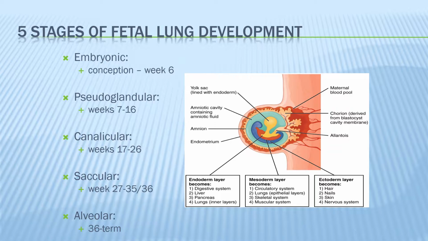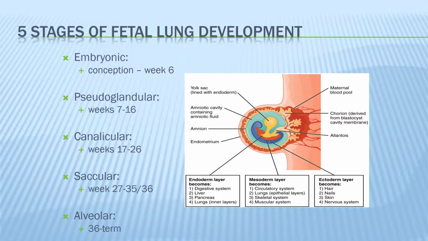And so it's starting to practice breathing. It's doing fetal breathing movement, although it's not actually causing gas exchange because the gas exchange is occurring in the placenta. The next stage is the canicular period, and this is weeks 17 to 26.